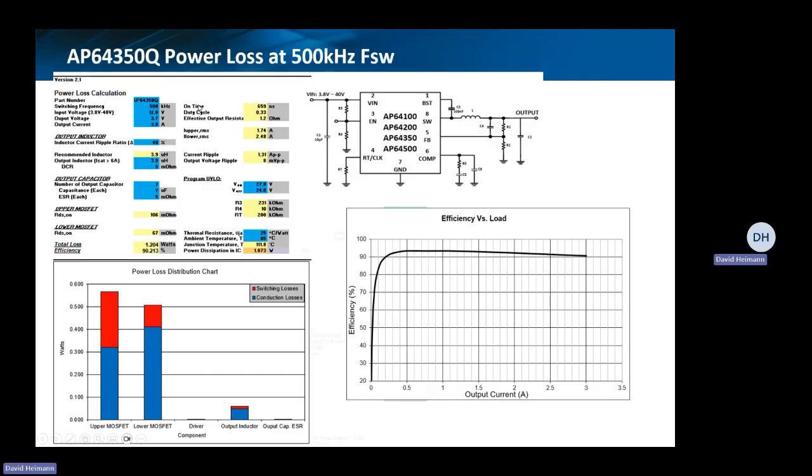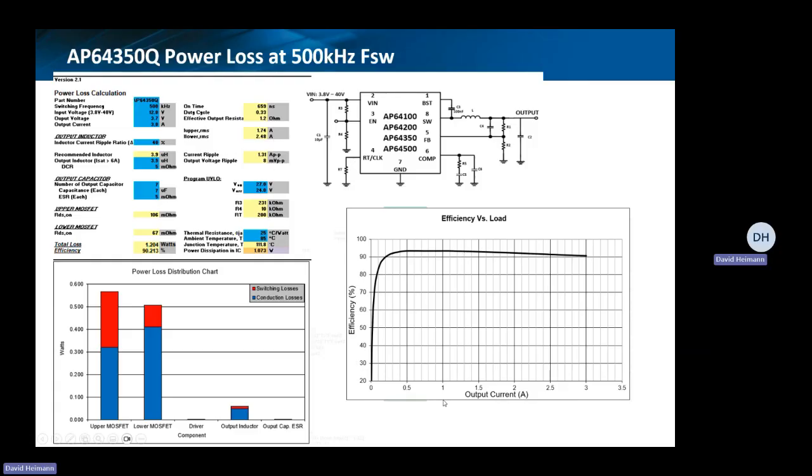This one I set up for a switching frequency of 500 kilohertz, an input voltage of 12 volts, and an output voltage of 3.7, which is our first buck down in that original power tree that I was showing you before.